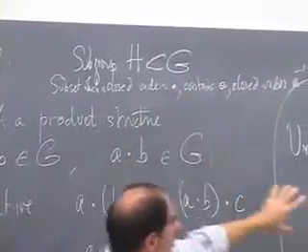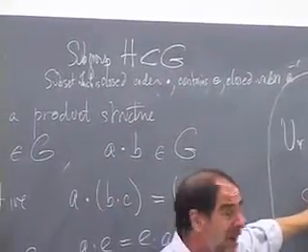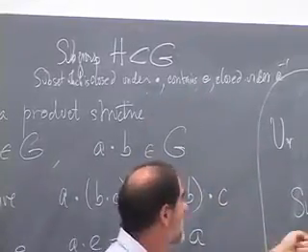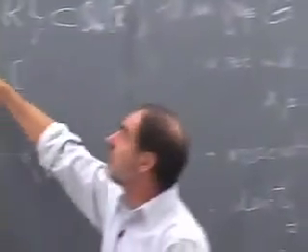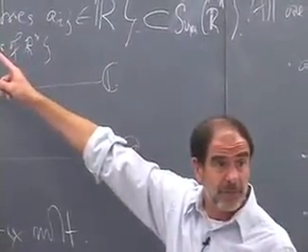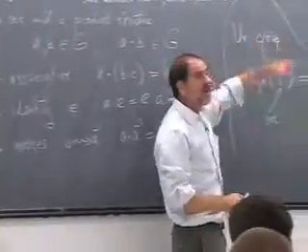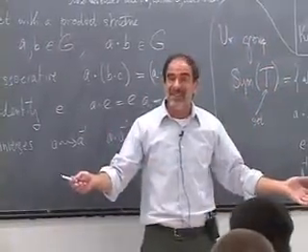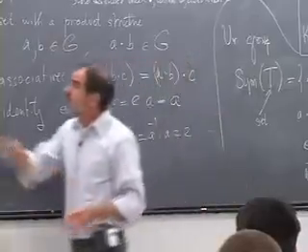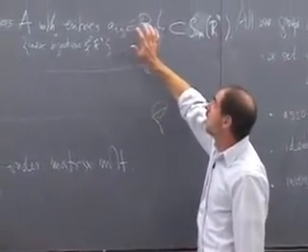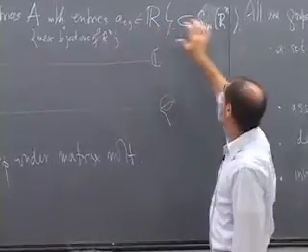Because remember, multiplication here is composition of maps. Does it contain the identity map that takes every vector to itself? You bet. That's given by the identity matrix. Right? If an element is linear, is its inverse linear? Yes. Consequently, this subset is closed under multiplication. It contains the identity. It contains inverses. It's a subgroup of this.